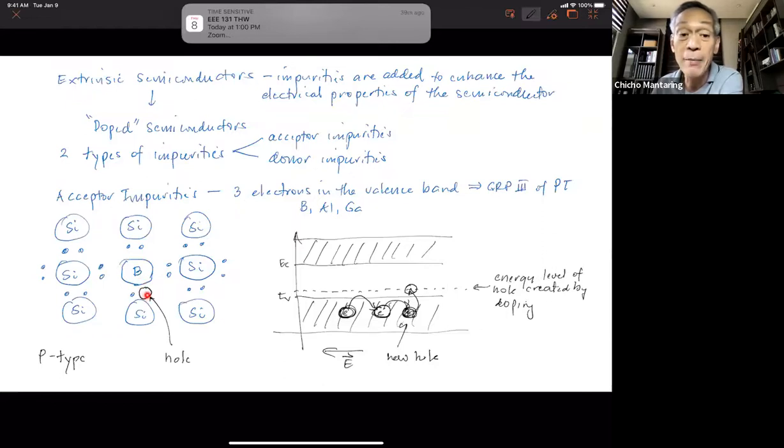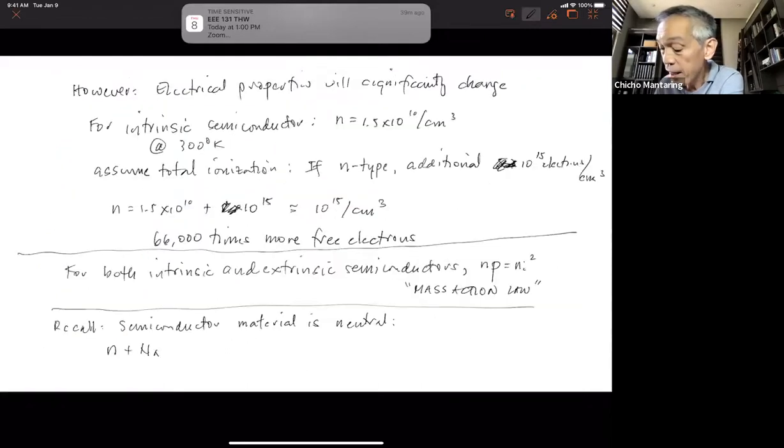Now all of a sudden I'm adding an electron here, so this will become negatively charged. So if I get N and I add to that the number of acceptor electrons, that is my total number of negative charges per cubic centimeter.